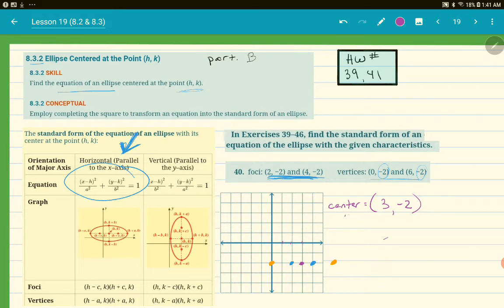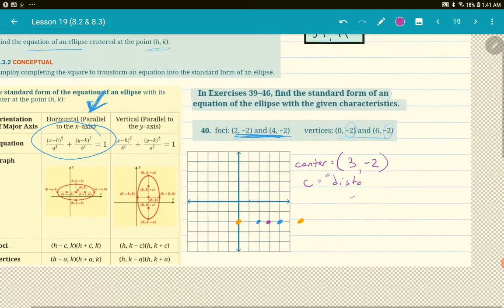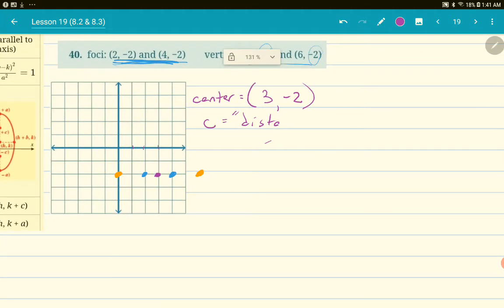Then I can find c, which is the distance between the focus and center.